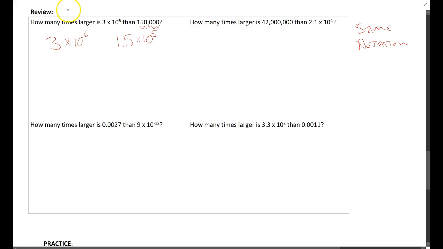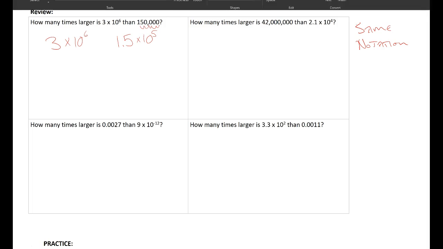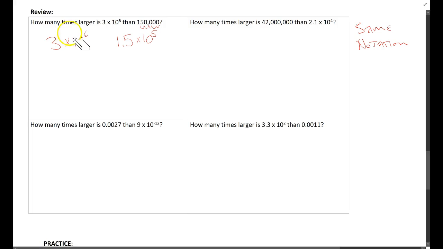I then divide each piece. I'm going to actually label these in the different colors so it's easier to see. Times 10 to the 6th and times 10 to the 5. And I'm going to show you how you would go through this.